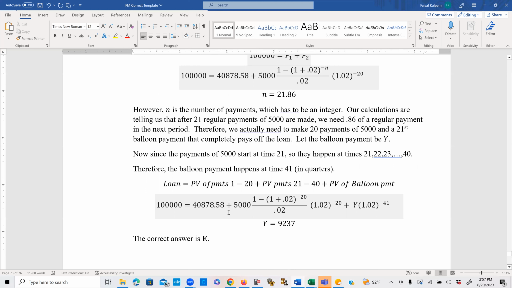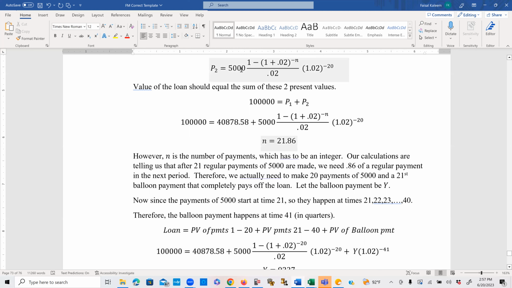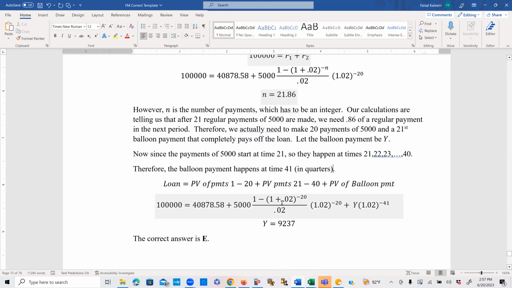And then the present value of payments 21 to 40, that was the P2, and now N is 20 here. So it would be 5,000 times 1 minus 1.02 to the negative 20 over 0.02, and then the 1.02 to the negative 20 brings it back from quarter 20 to quarter 0.